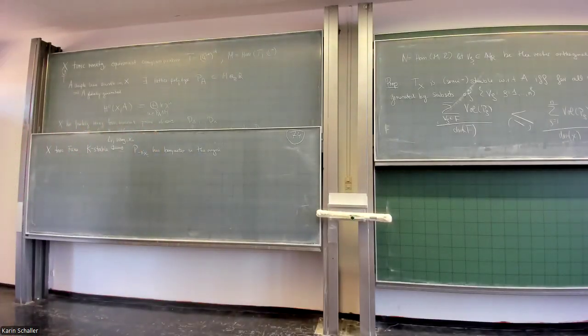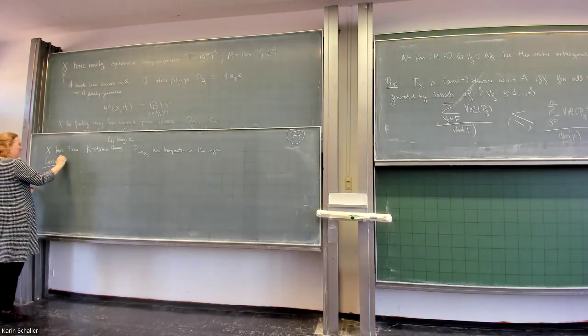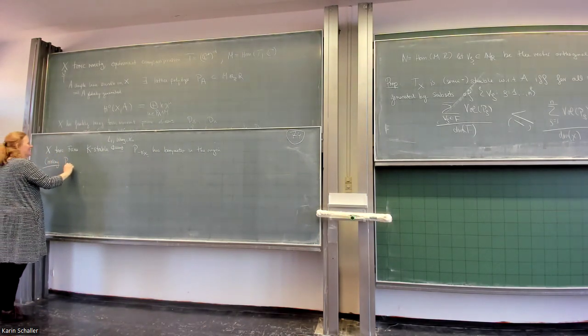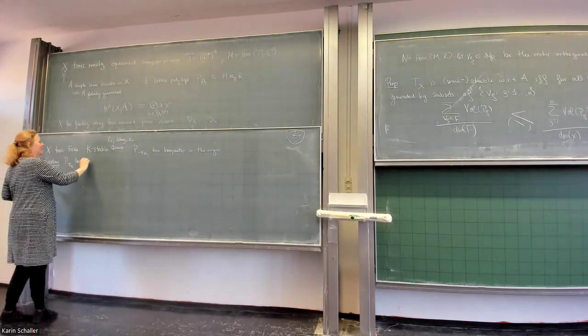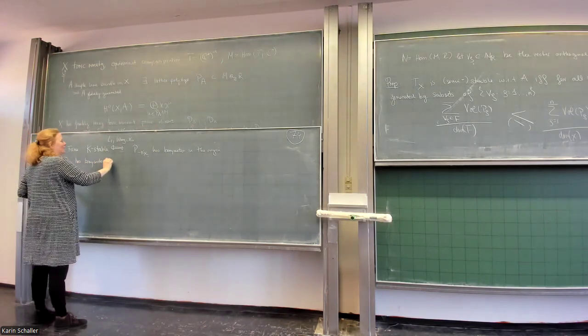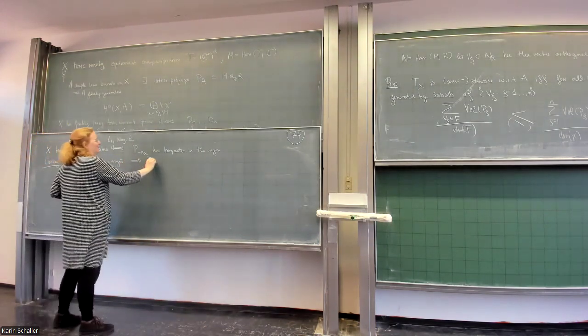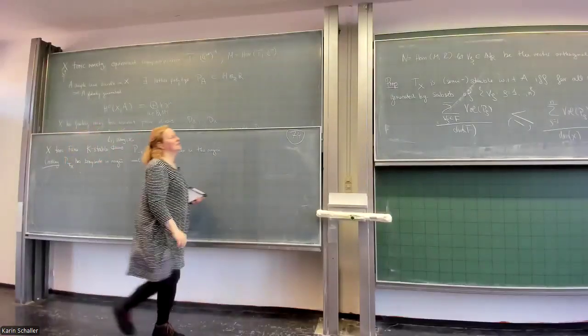So Donaldson, Chen-Sun now gives us the corollary that if P_{-K_X} has its barycenter in the origin, then this implies that this condition is satisfied.